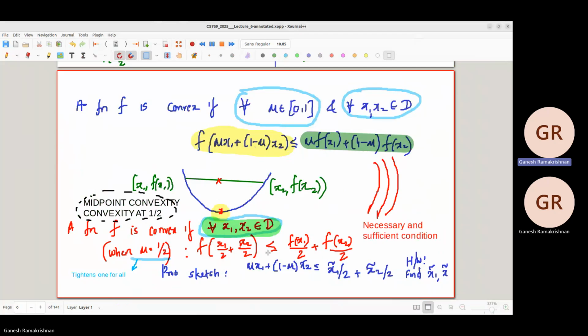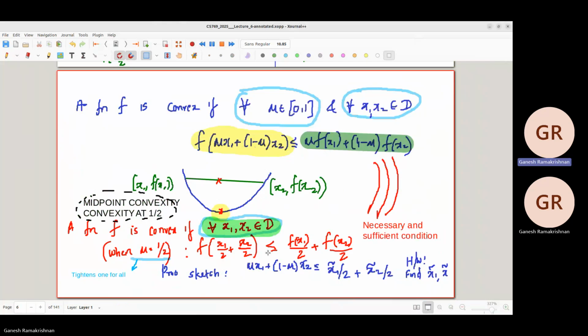This will require you to do some manipulation. You'll have to show that this right hand side, right, for some x1, x2 would correspond to the right hand side here for some different values of x1 and x2, right? So you'll have to show some correspondence between the left hand side and right hand side. How do you do that? Did anyone attempt this homework?